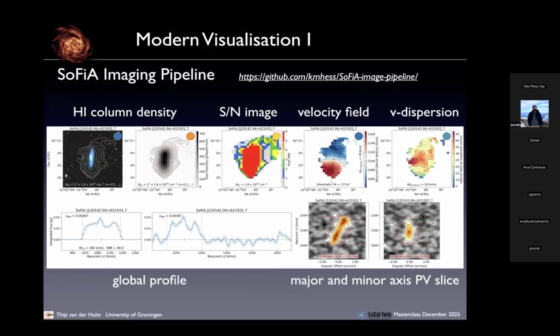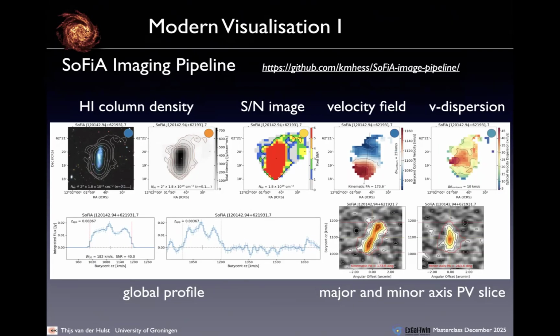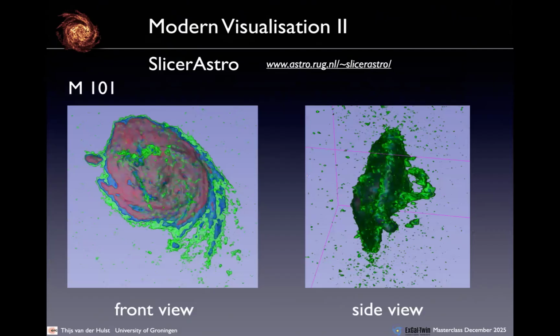You see that it's all at the same velocity. If there were outflows, you would see things here and here which are not visible now. And the red contour is where the SoFiA mask that was used to isolate the signal was determined. So it gives you an overview of everything you have in your source.